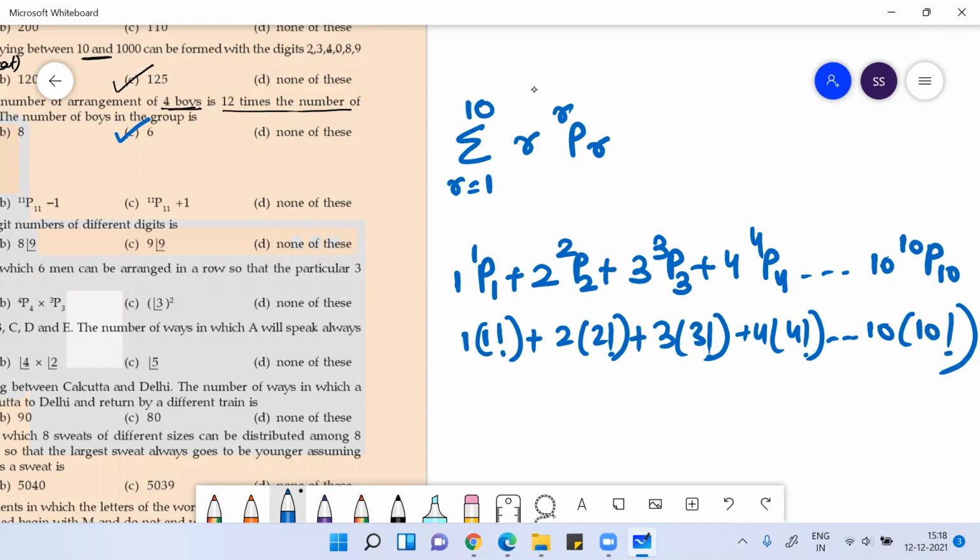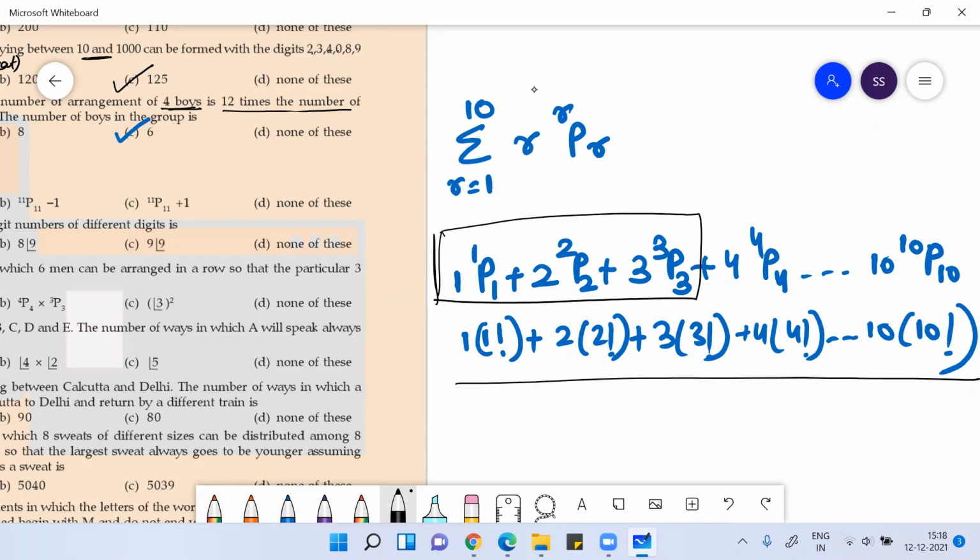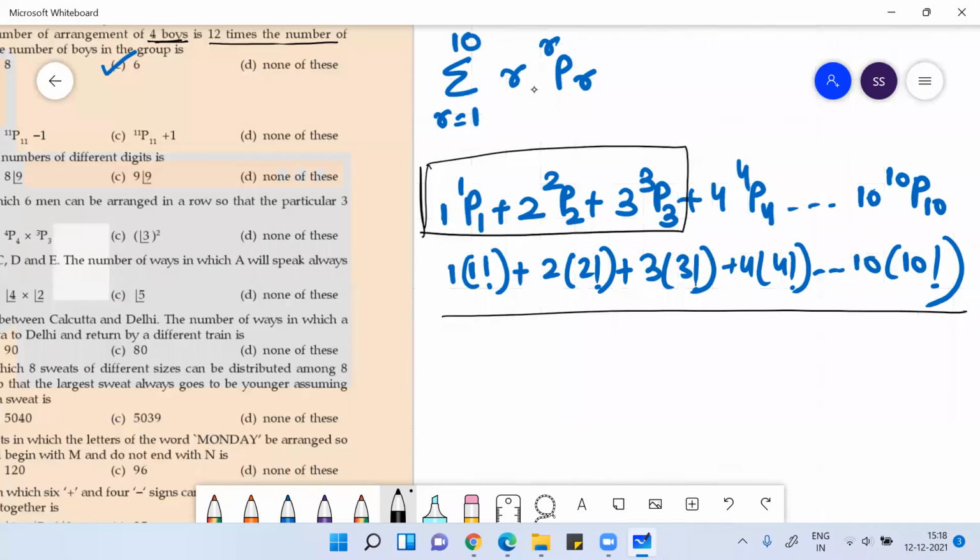Or suppose I take just the case 1P1 plus 2P2 plus 3P3, because I cannot solve till 10.